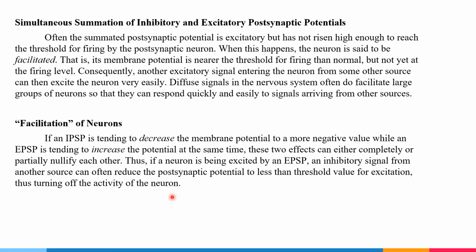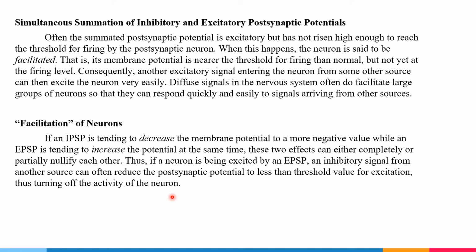This does not deliver the parcel, or the neuronal impulse, to the postsynaptic neuron that is present on the 10th floor, but it helps it along. So that when the next EPSP arrives, it can then easily push the neuronal impulse to the 10th floor, that is, to the postsynaptic neuron, and the postsynaptic neuron can then have an action potential.